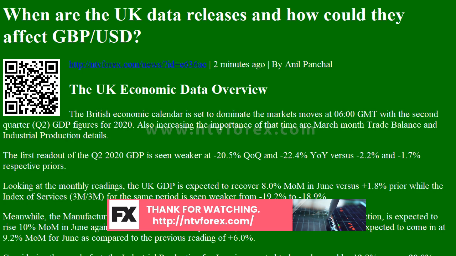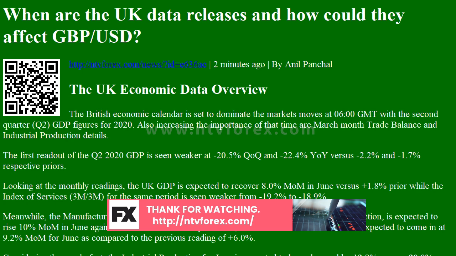Looking at the monthly readings, the UK GDP is expected to recover 8.0% MoM in June versus 1.8% prior, while the index of services 3M for the same period is seen weaker from 19.2% to 18.9%. Meanwhile, the manufacturing production, which makes up around 80% of total industrial production, is expected to rise 10% MoM in June against 8.4% recorded in May.